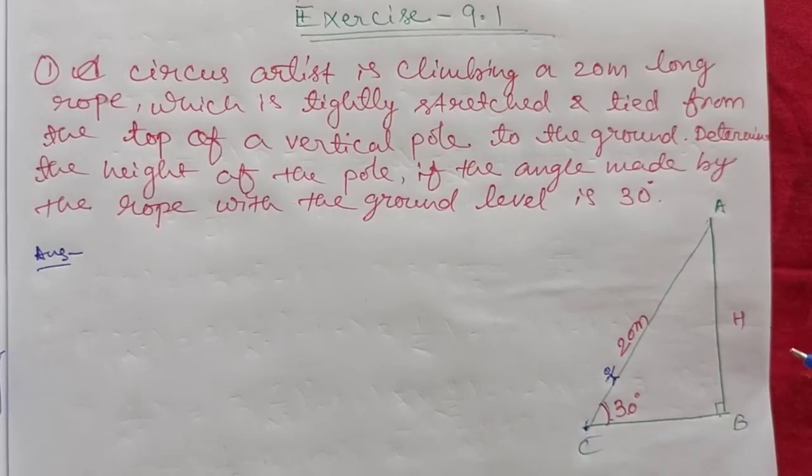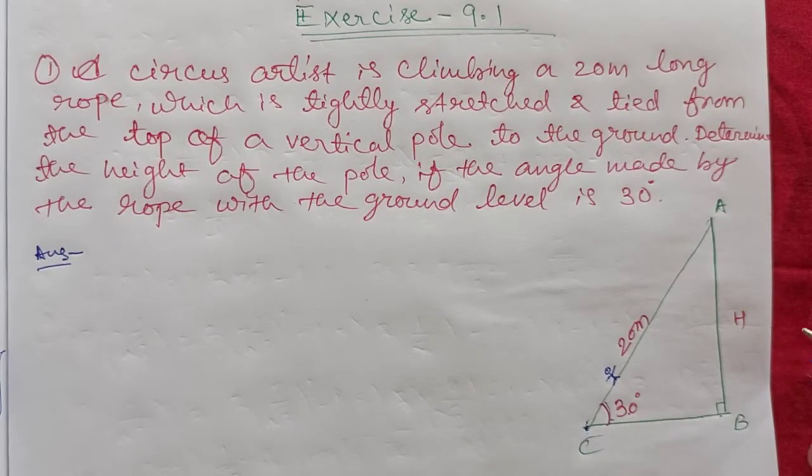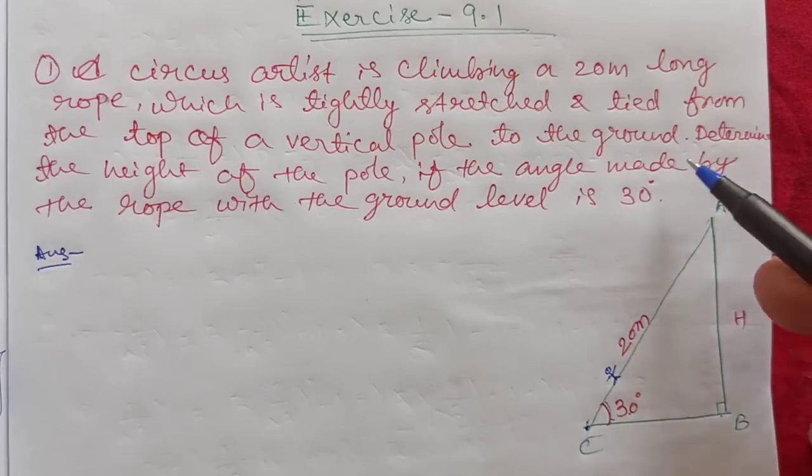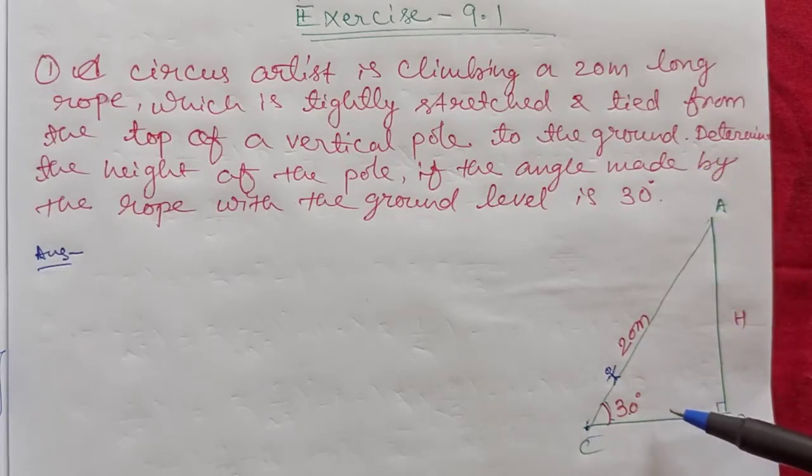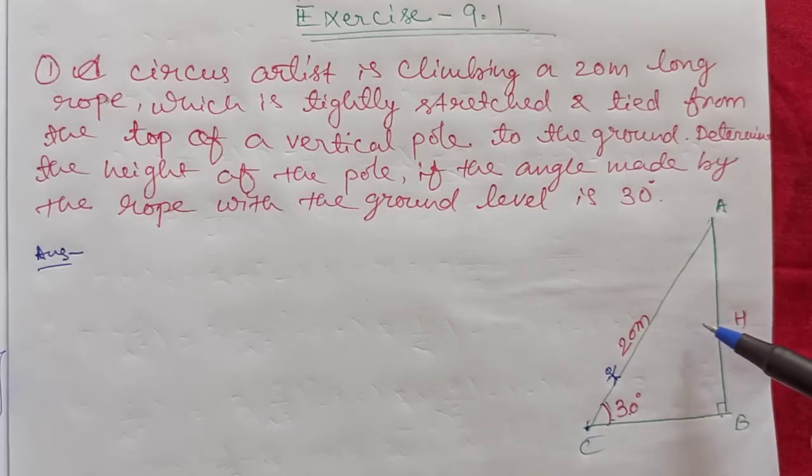As the name of the chapter is Some Applications of Trigonometry, here we can only use trigonometric functions, and in this chapter you will get all the diagrams as right angle triangles. Remember, other than right angle triangles, no other triangles you will get from drawing the diagrams.